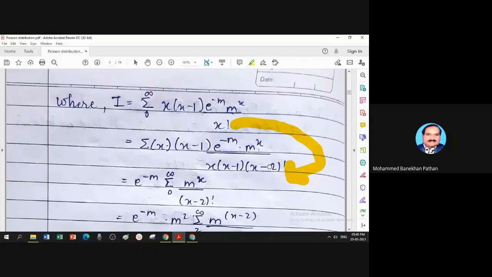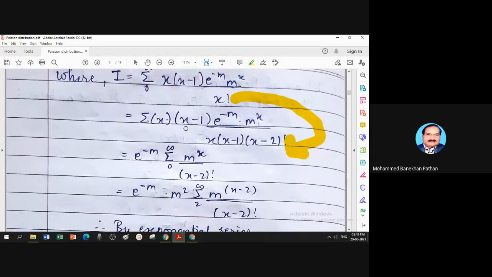I stop here because I want x and x minus 1 to cancel in the numerator. So x cancels, x minus 1 cancels. So you get e raised to minus m, a constant outside the summation, m raised to x by x minus 2 factorial.